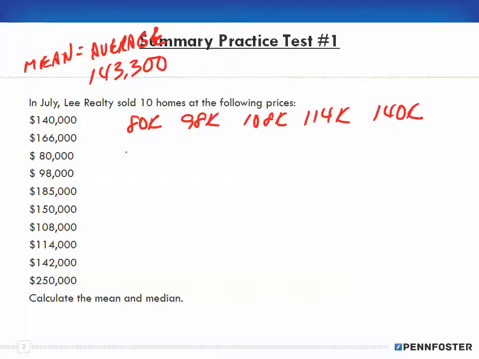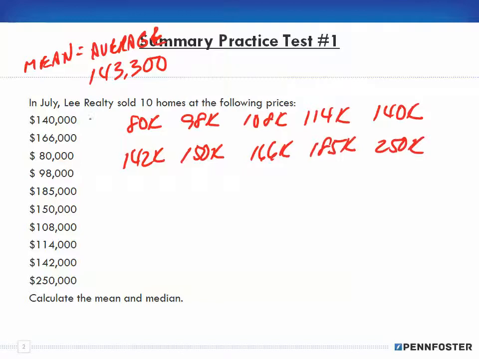Underneath that, I'm going to just continue on here. So I have 142,000, 150,000, 166,000, 185,000, and 250,000. Okay, so I'm listing them from lowest in order to do the median.